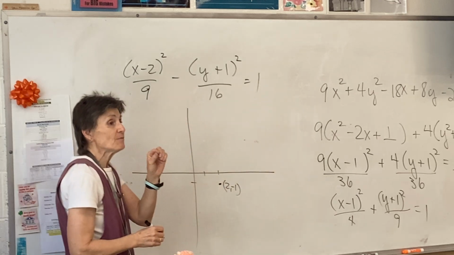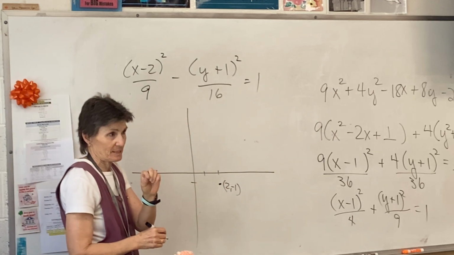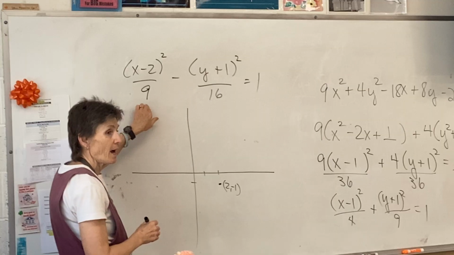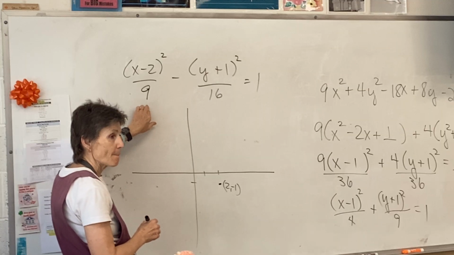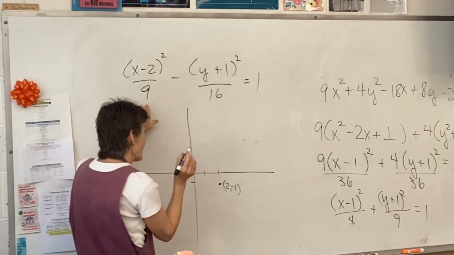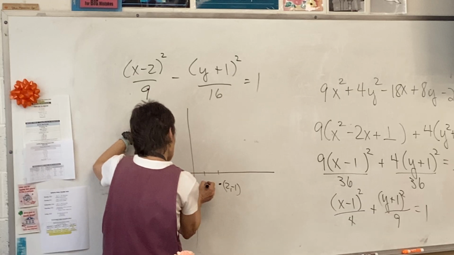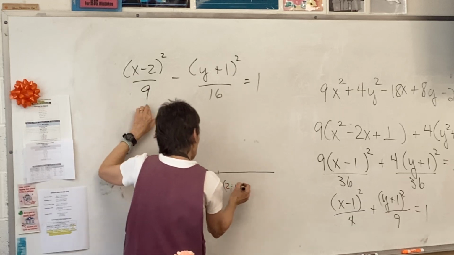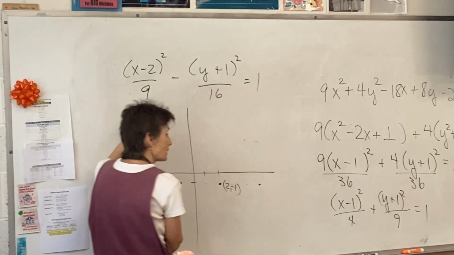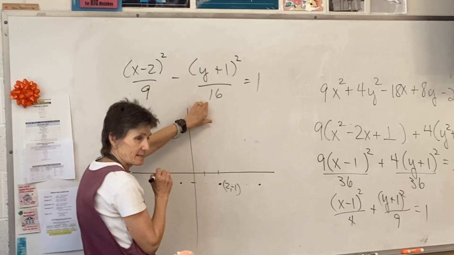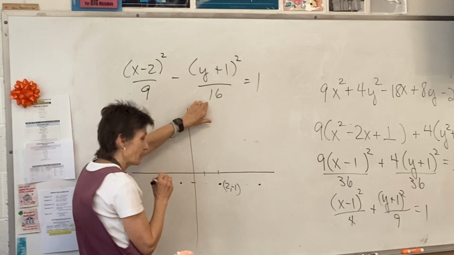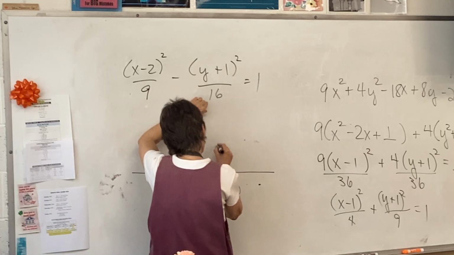Now, if this had been an ellipse, what would this 9 tell you to do? 3 to the right, 3 to the left. Okay, so let's do that. Only don't take the time to label them, just count over 3 each way, okay? Now, what would that 16 tell me? Up and down 4, so 1, 2, 3, 4.